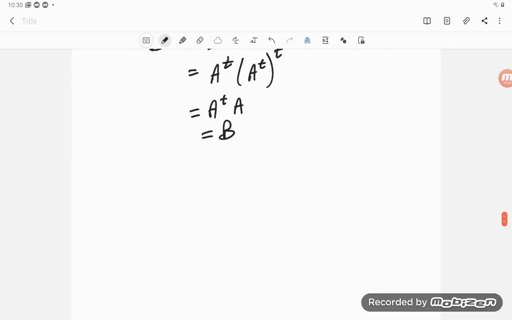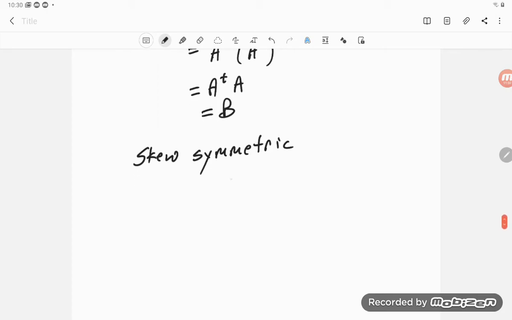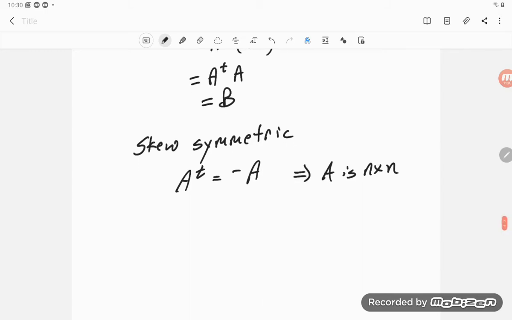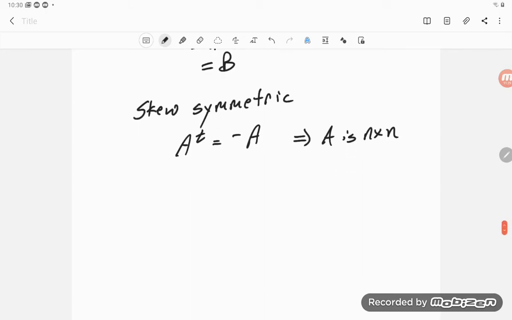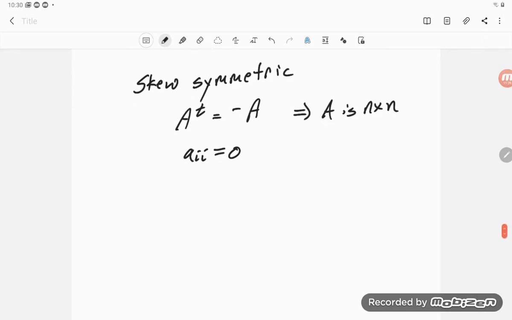So that's nice. Okay, skew symmetric. In this case, we have that A transpose is equal to minus A. Of course, this again implies A is n by n, but another thing it implies is that Aii, the diagonal, has to be 0, because in a transpose the diagonal elements all remain unchanged.